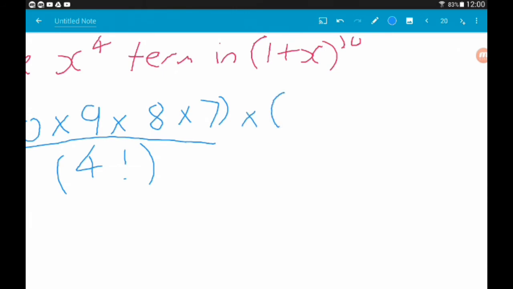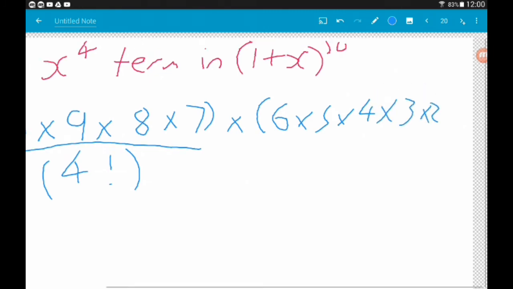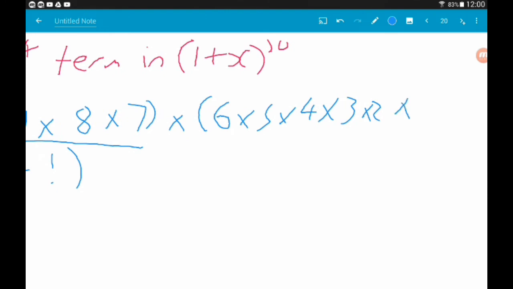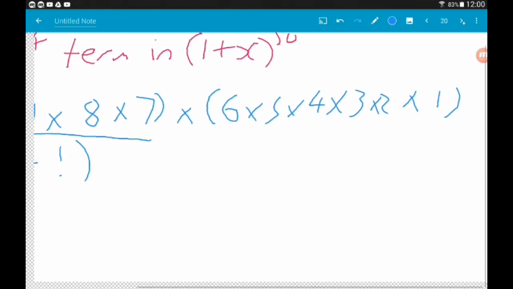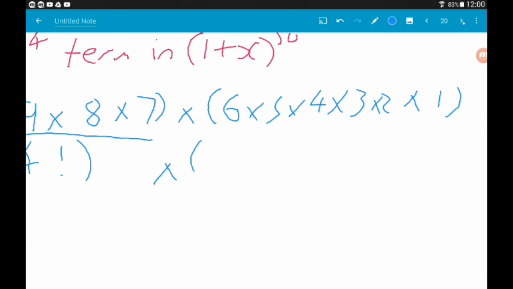So we're going to multiply by 6 times 5 times 4 times 3 times 2 times 1. Now we have to do that on the top and the bottom. So what we're multiplying there by is 6 factorial. 6 times 5 times 4 times 3 times 2 times 1 is 6 factorial.